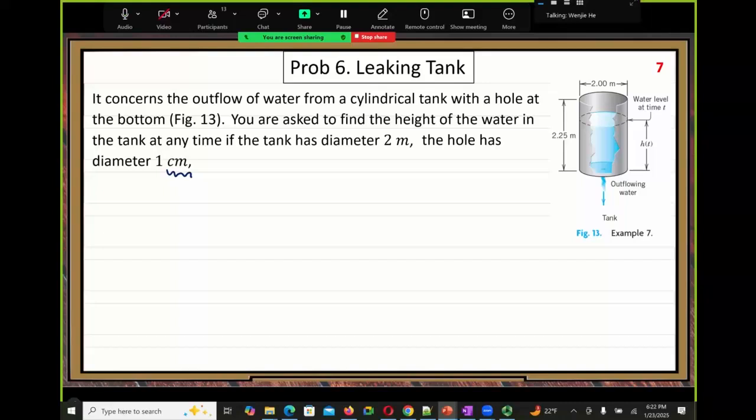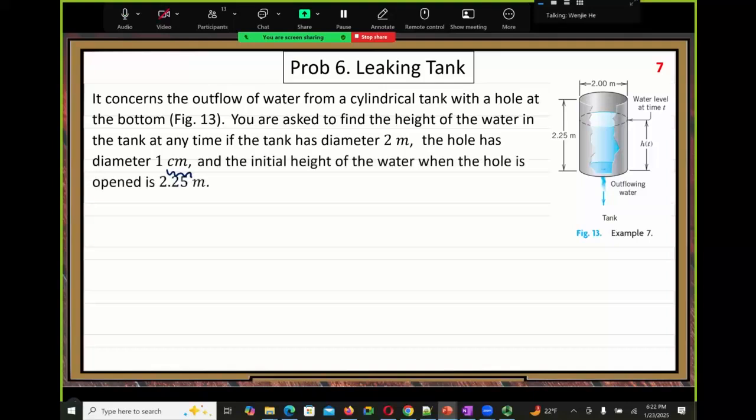But after the leaking goes on and on, the pressure gets smaller and smaller, because the height of the water inside the tank becomes smaller and smaller. Then the velocity also becomes smaller and smaller, right? So it's a velocity function. It's a function of t.